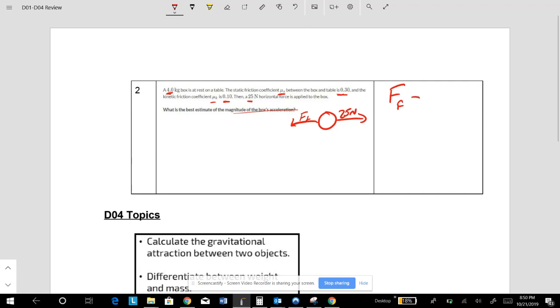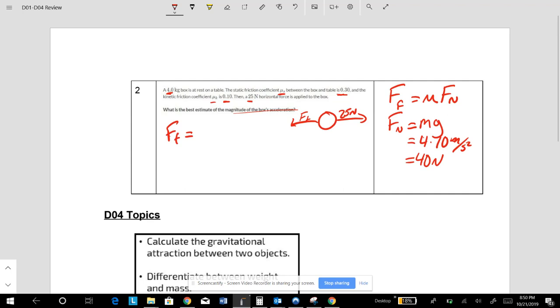Force of friction is equal to the coefficient times the force normal. Our force normal is equal to mass times gravity. So in our case, we have a 4-kilogram box times 10 meters per second squared. So our force of normal should be 40 newtons.